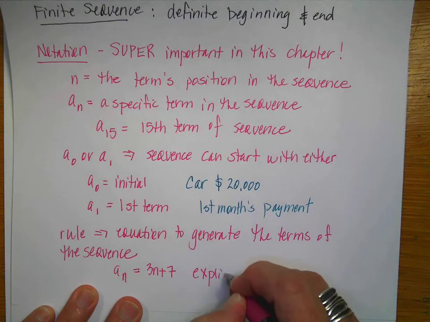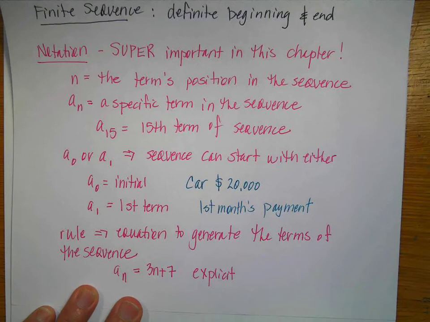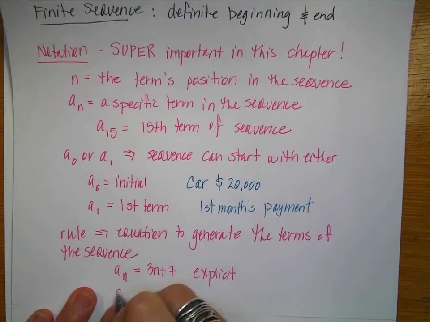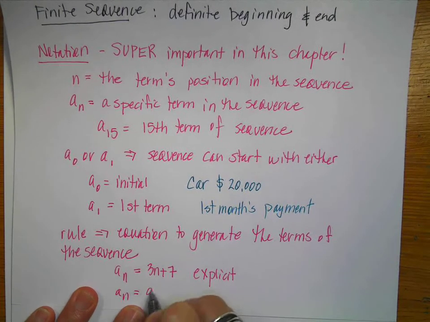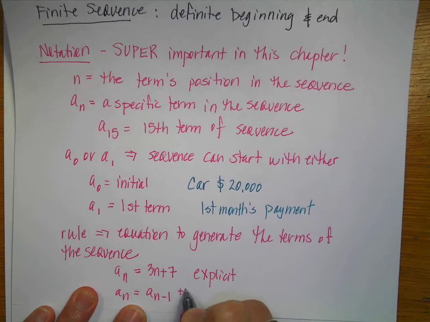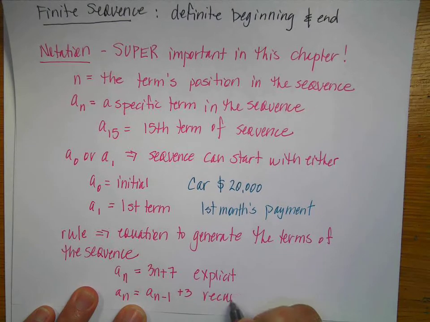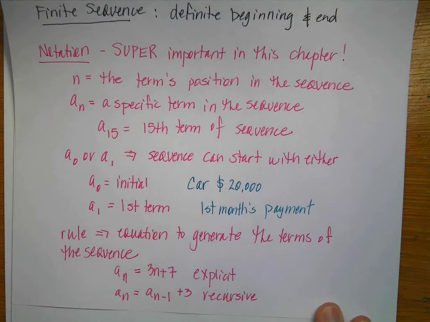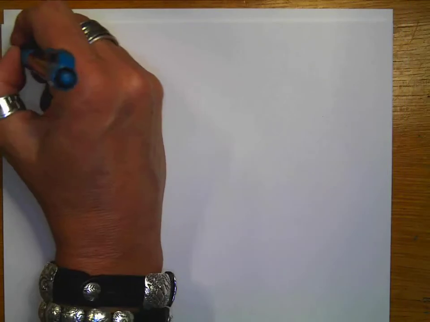This is actually called an explicit formula. We'll talk about the differences in a minute. And a sub n might be a sub n minus 1 plus 3. This is a recursive formula, and those are other vocabulary words we'll use as we walk through this chapter.